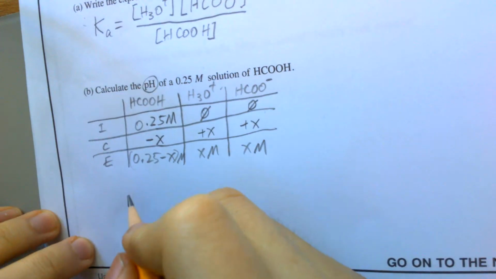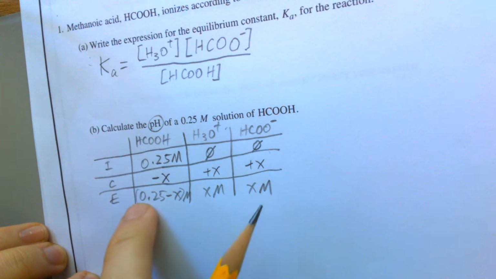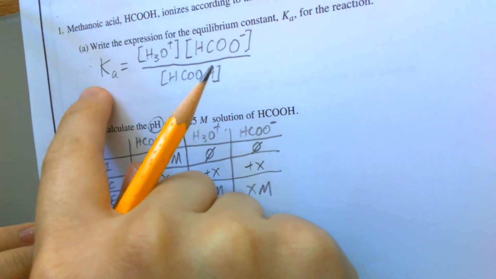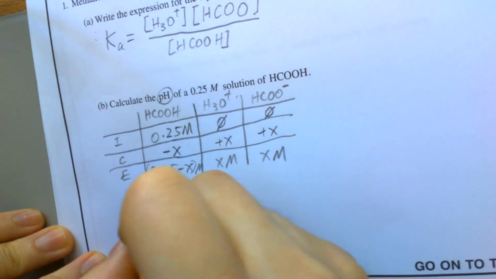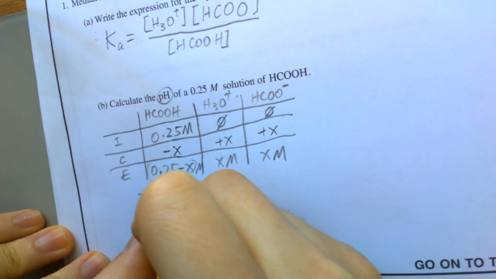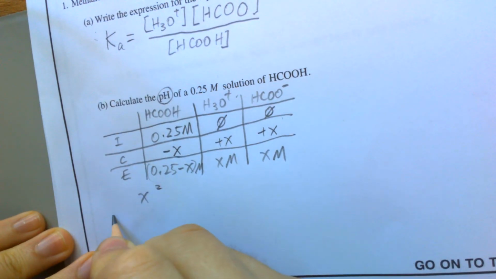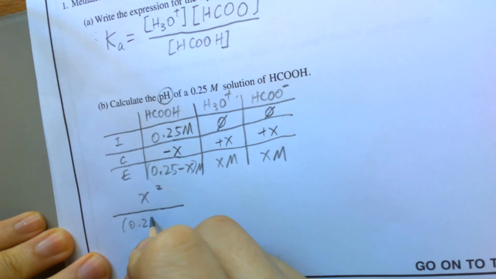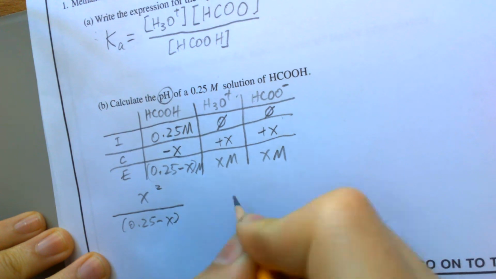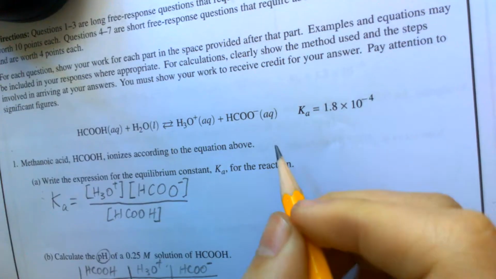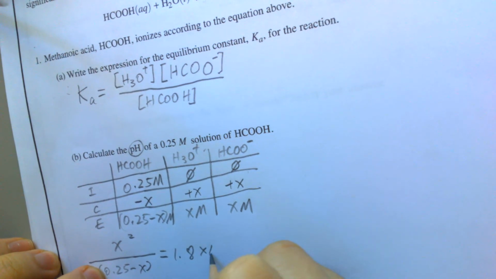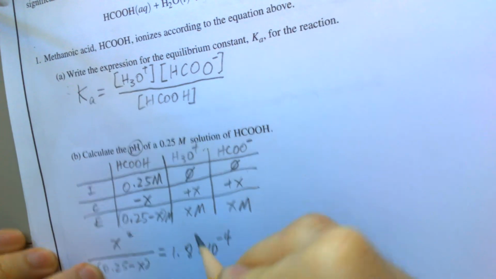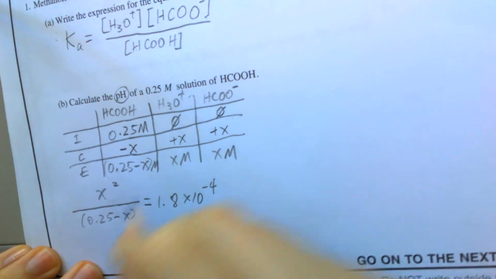So let's plug this result back into the equation for Ka. We have x times x, which is x squared, divided by 0.25 minus x, and that is equal to 1.8 times 10 to the negative fourth power. Let's rearrange the equation first.